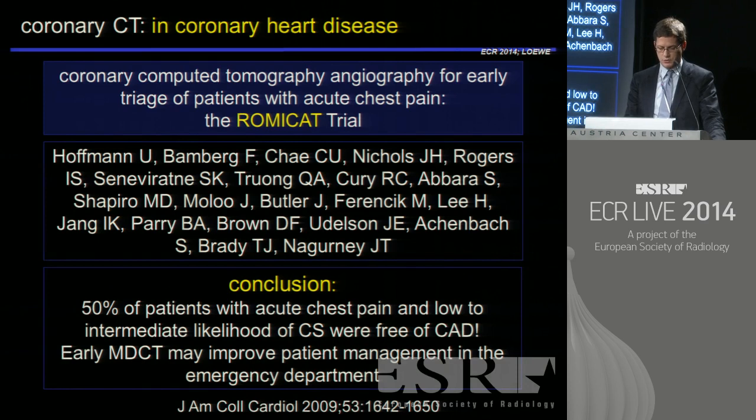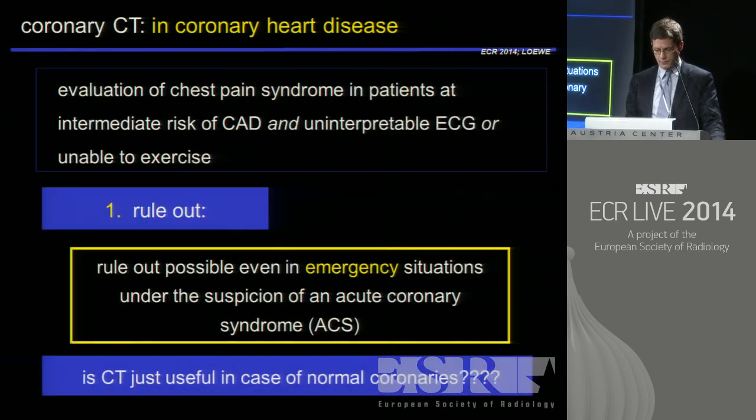It has been shown by the so-called ROMICAT trial that in more than 50% of the patients coming into the chest pain unit with the suspicion of an acute myocardial infarction, the diagnosis could be ruled out and they could be discharged from the chest pain unit at a very, very early stage after doing the coronary CT. So in 50%, we could end all our diagnostic workup just after our CT scan. And I mentioned before, it took just a couple of seconds. So it could be very, very helpful even in emergency situations.